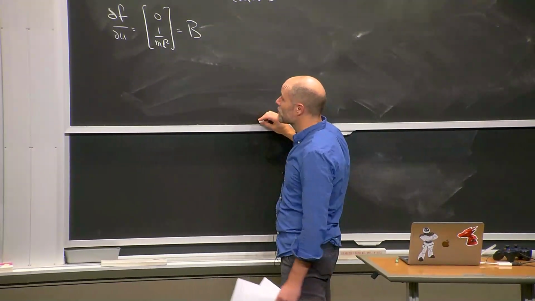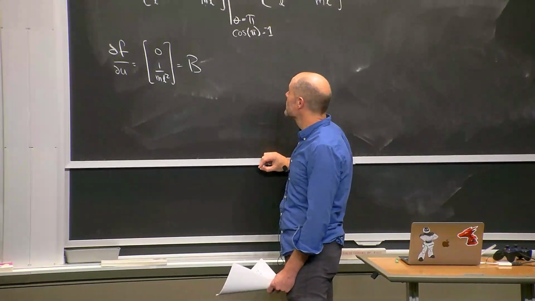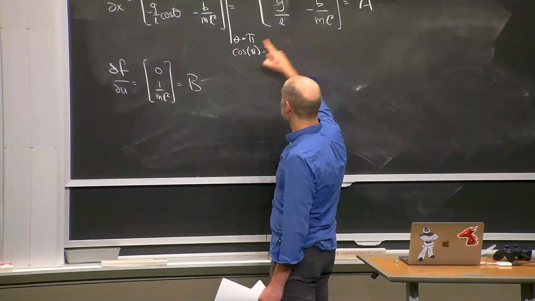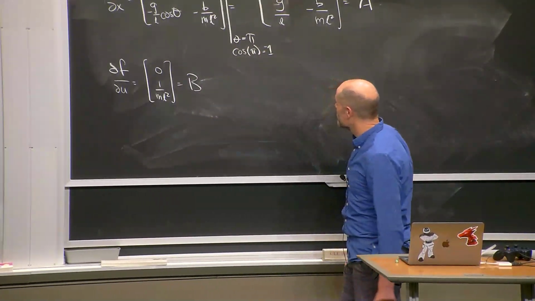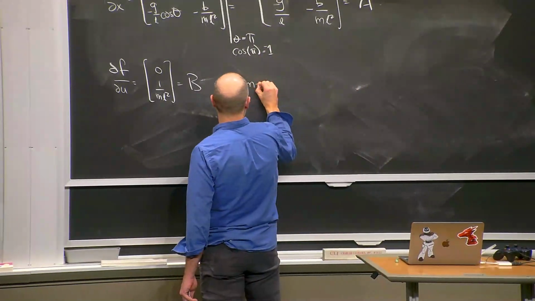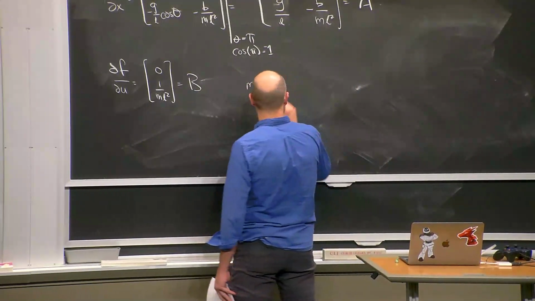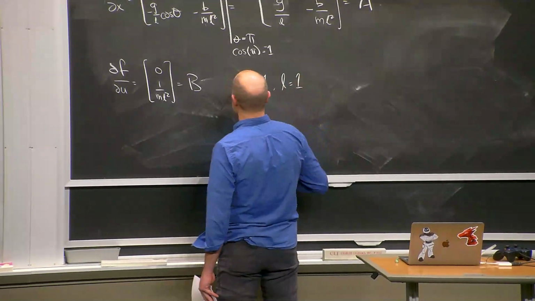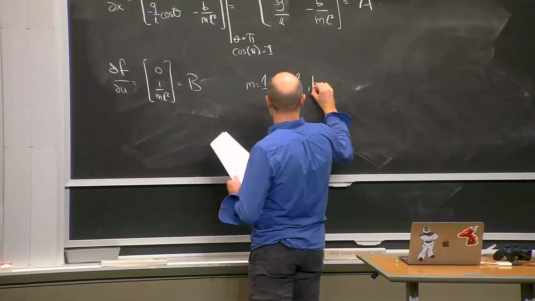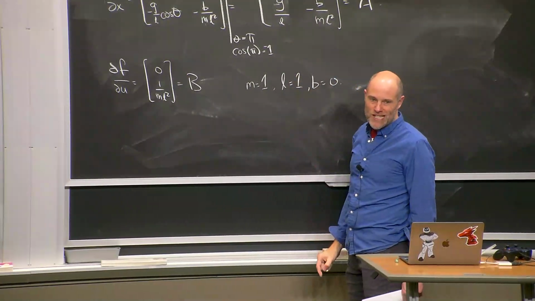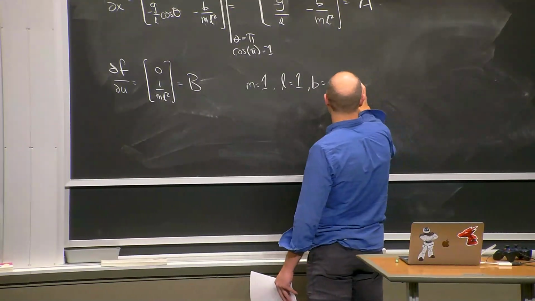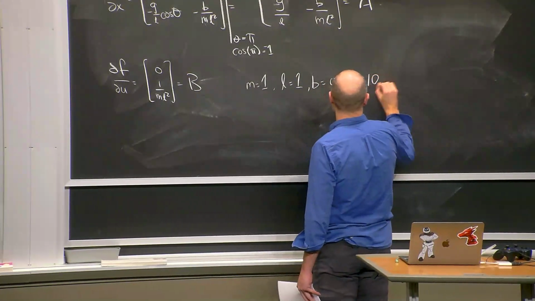Now here's something I'm going to do over and over again in the class. These are not too scary, but they're still a little more than I want to deal with on the board. So I'm going to set mass equal to 1, length equal to 1, and b equal to 0. I can't quite get myself to set g equal to 1, so I'll set g equal to 10, and we'll deal with that.